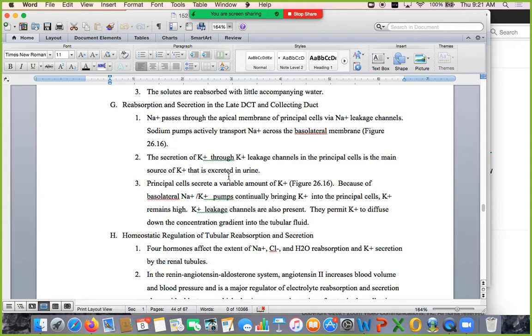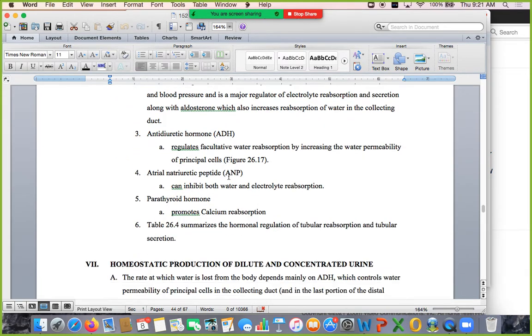We also have ANP. ANP is going to do the opposite. It's going to inhibit water and electrolyte resorption, right? If we don't bring in more electrolytes, we don't bring in the water because the water follows the solutes. And we also have parathyroid hormone, which we've talked about previously, which is responsible for calcium resorption.